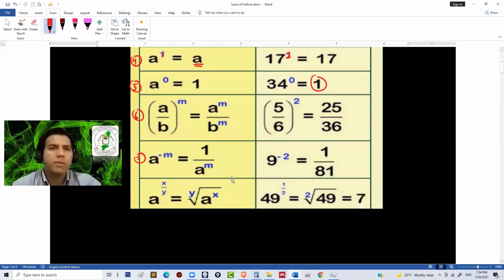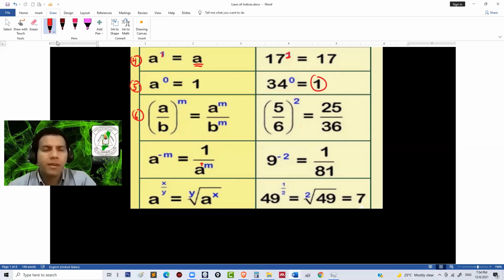In the seventh example, we have a number raised to a negative power. We cannot keep our answers as a negative power, so we need to write it as a denominator, and that causes the sign to change. So we write it as a denominator, and we have the 1 as a numerator. And you might be wondering, why do we have a 1?